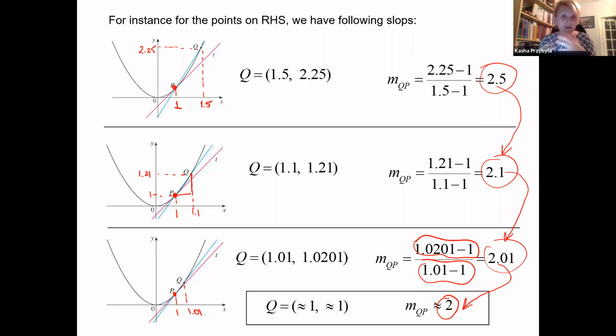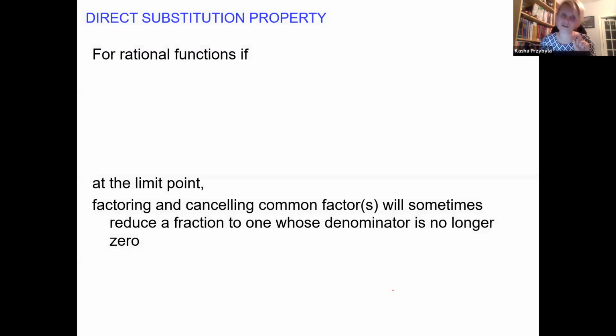It depends on the situation. This is almost 0 over 0, but in this scenario we have 2. So please remember, 0 over 0 most likely will give me a finite number. On a multiple choice, don't select 0 right away. It's a rare case that we may get a 0.